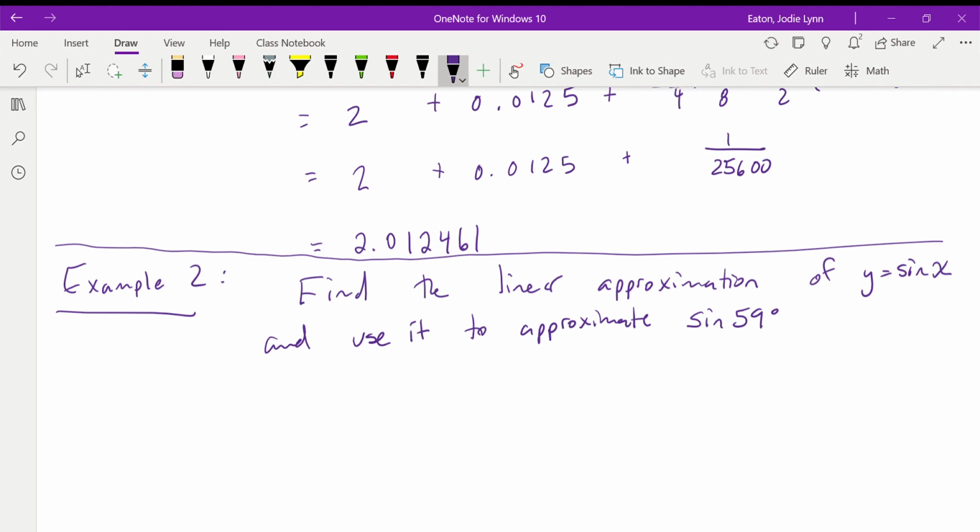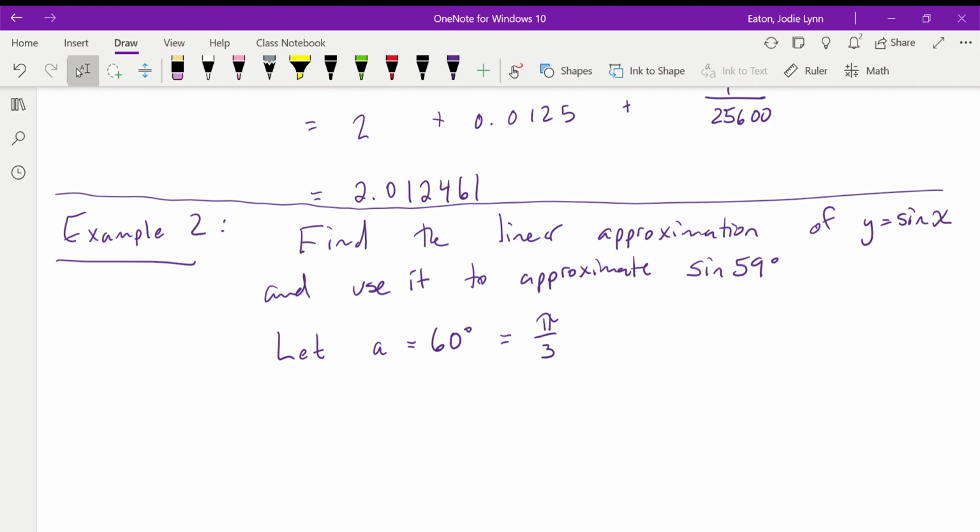Okay, so let a equal 60 degrees equal pi over 3. Okay, y at pi over 3 equals sine pi over 3 equals root 3 over 2.